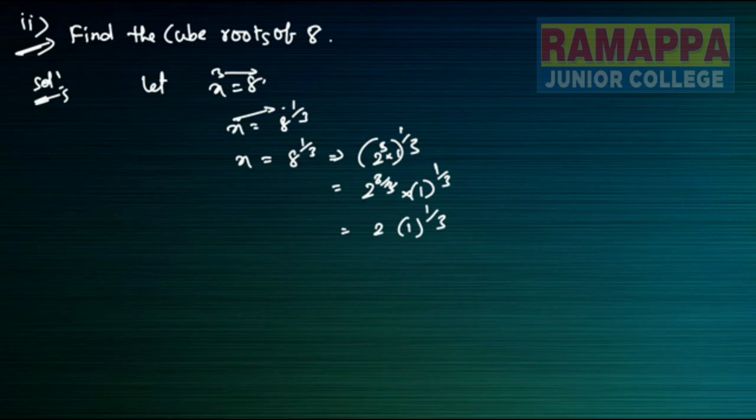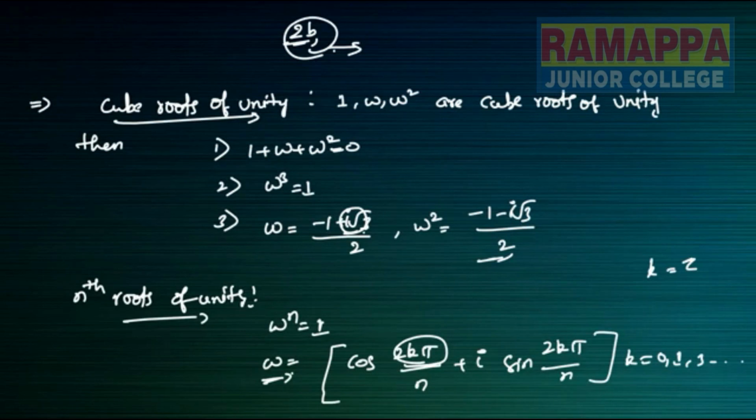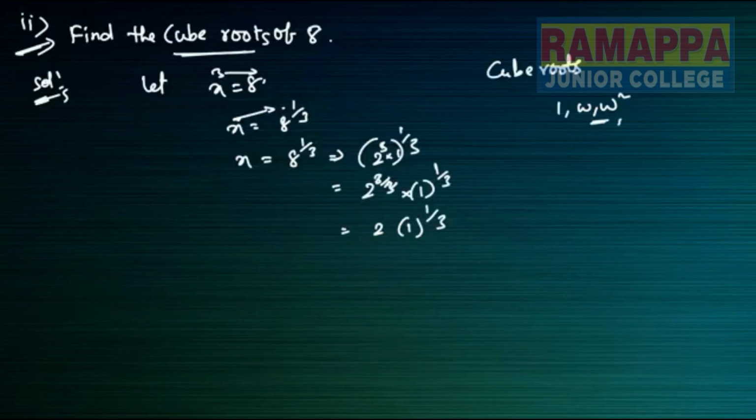So what are the cube roots here? The cube roots of unity are 1, omega, omega square. I already told you this, so please concentrate on this one.